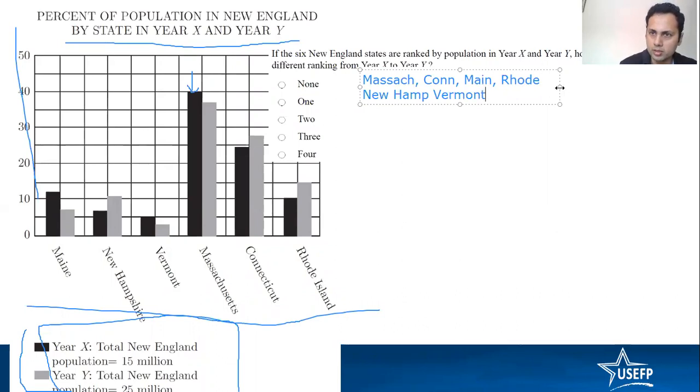So in year X, this was the ranking of the population in the different states.